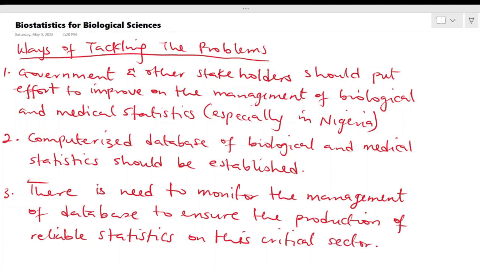So that's basically the ways in which we manage this data. Then we begin to look at the types of variability associated with biostatistics and biomedical data, which is biological and medical data. We'll be looking at that on our next page.